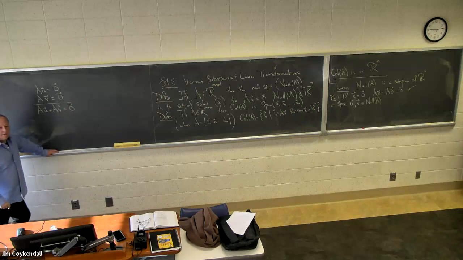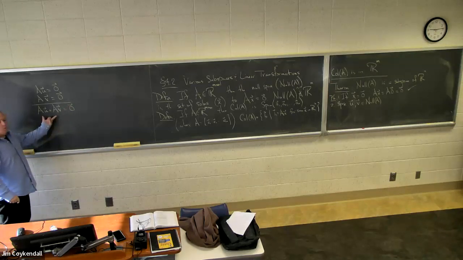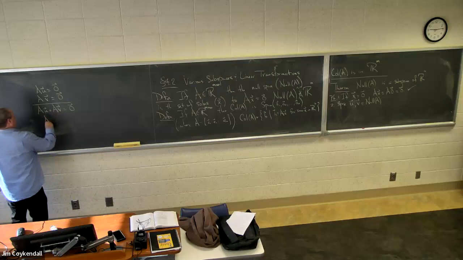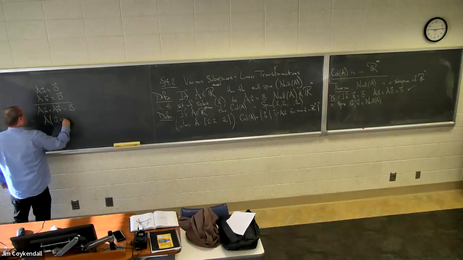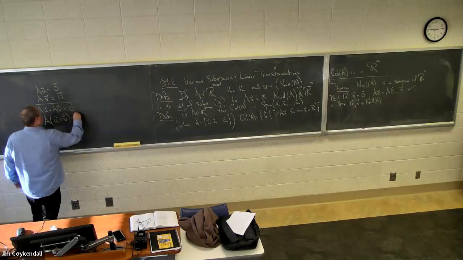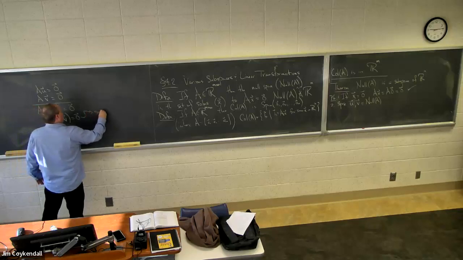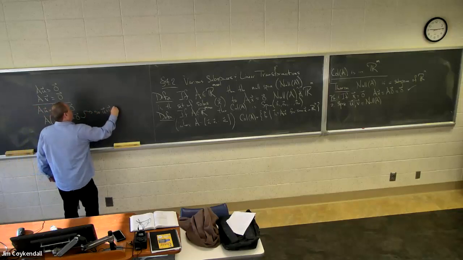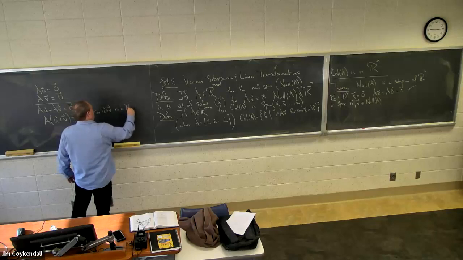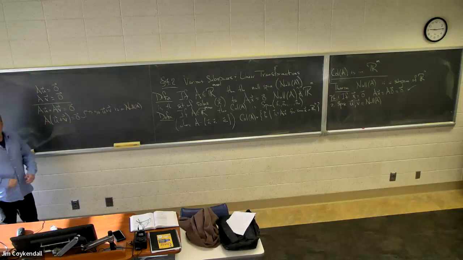And if I wanted to feel like I was really smart, what could I do? I pull out the A. So u plus v is in the null space of A all the way. So I've got my second thing checked out.